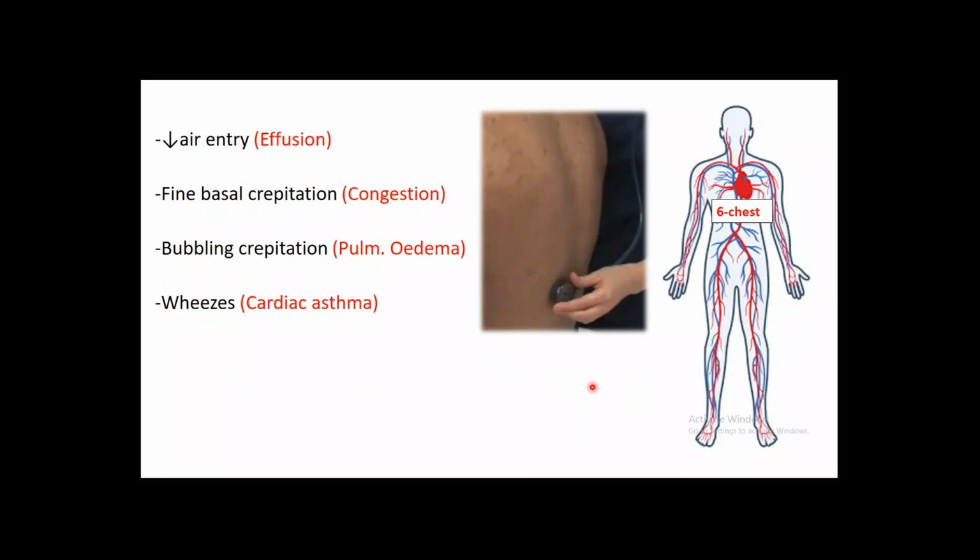Then moving to the back of the chest for auscultation: diminished air entry might be seen in effusion, and crackles are caused by fluid inside the alveolar space due to congestion. There is an important point to differentiate between crackles caused by congestion and those caused by fibrosis.